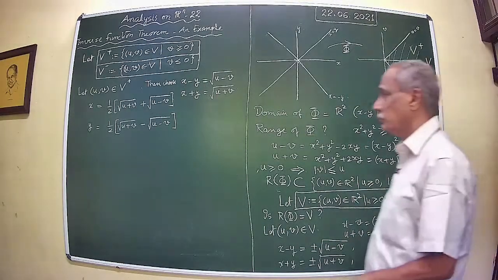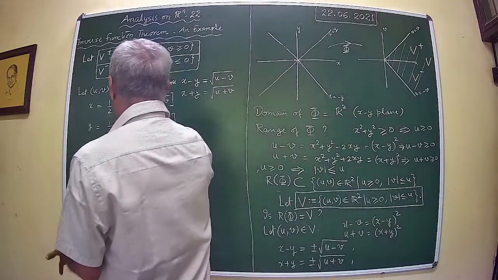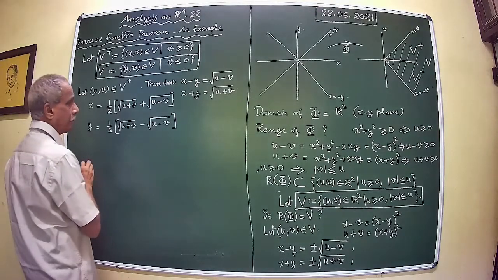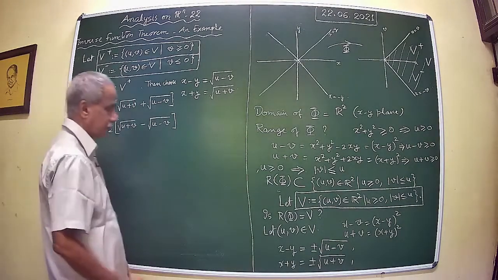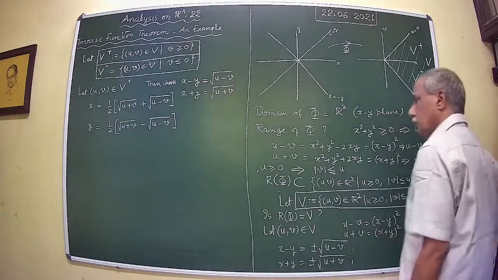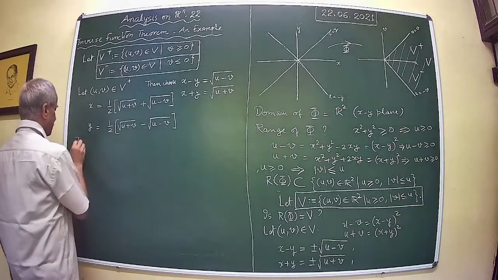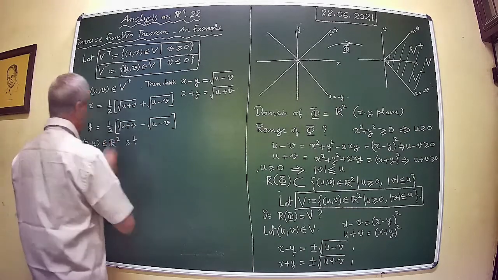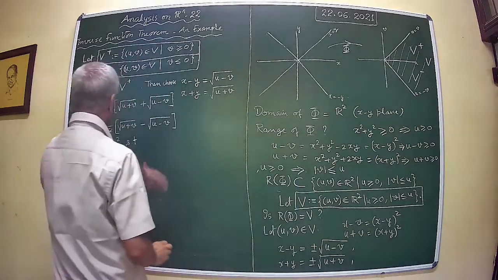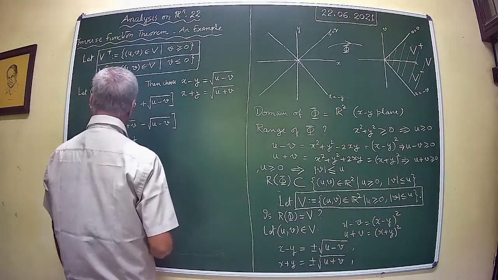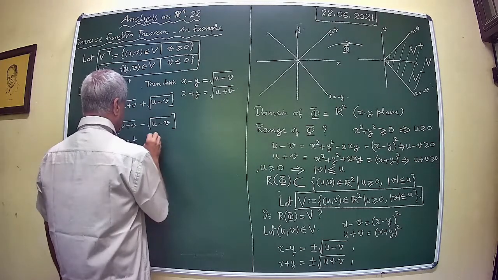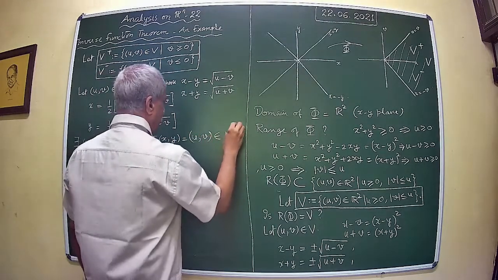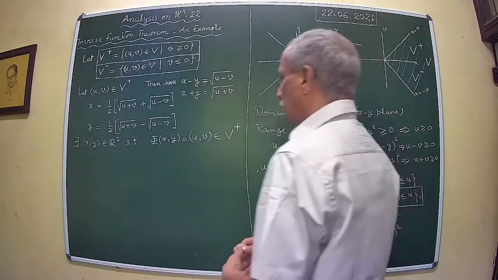Okay. Now they are real numbers, and so we observe that there exists an (x, y) such that phi of (x, y) is (u, v). That's clear.